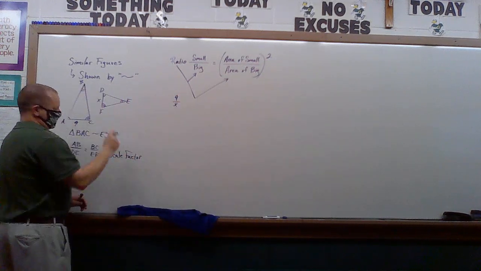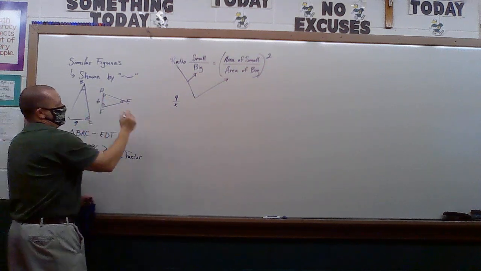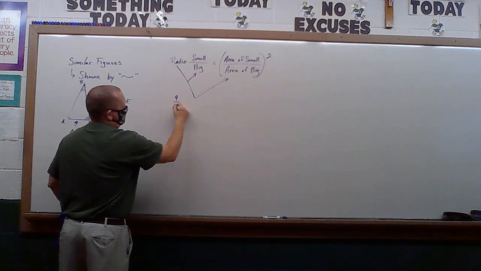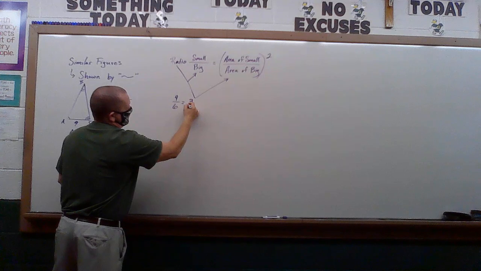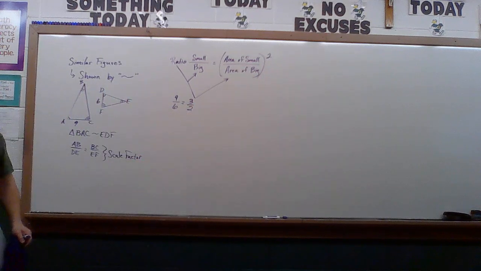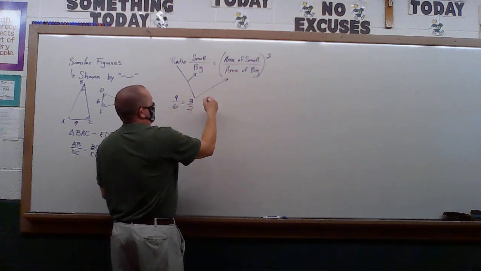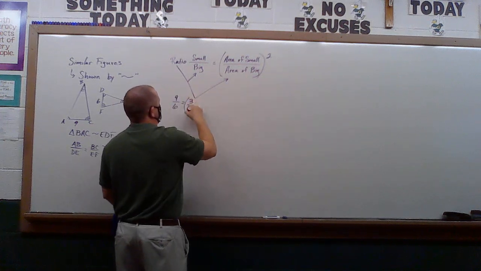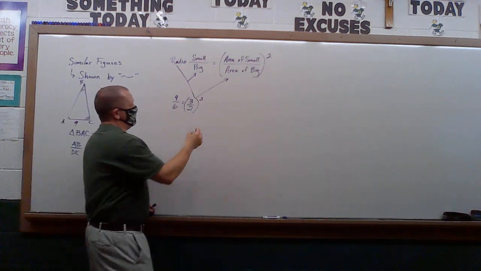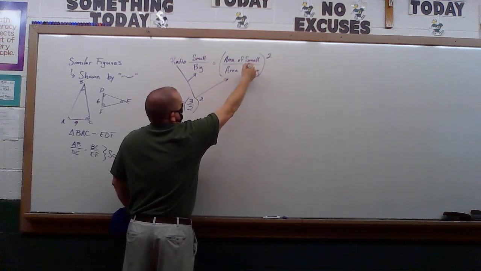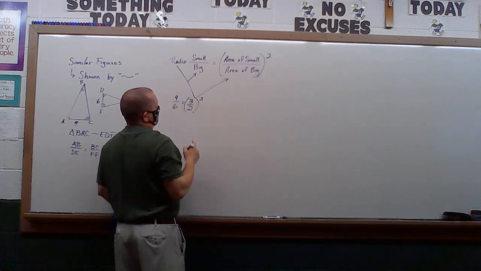Or if they told us what x was, let's change x to 6. Then we would put 6 here. And so our scale factor would realistically be 9 over 6 or what? 3/2, right? But if I'm going to do this with areas, then in order for me to find the scale factor for this, I have to take that ratio and square it. So this, the area scale factor would be 3/2 squared.